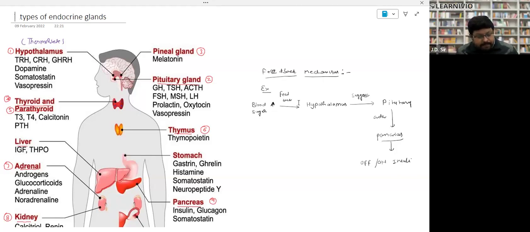Hormones are non-nutritional chemicals which act as intercellular messengers and are produced in trace amounts.